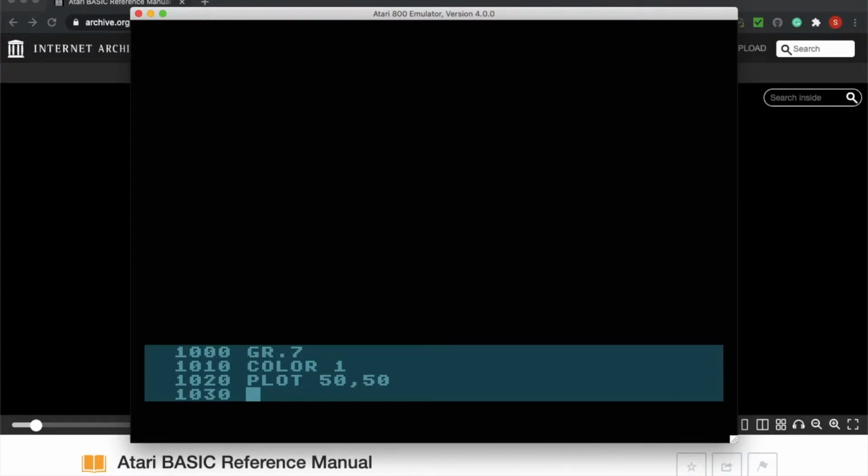We're going to draw a point starting at 50, 50, and going out to 100, vertical 50. And then 10, 40, we're going to go back to 50. Let's run, see what happens.